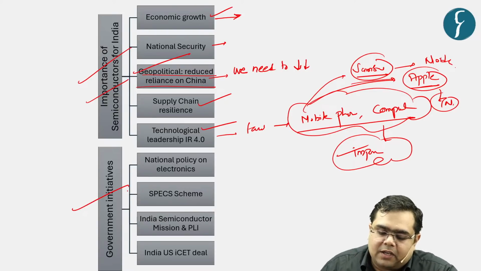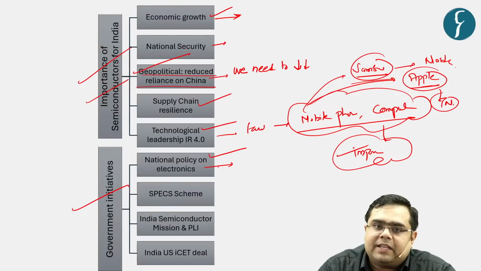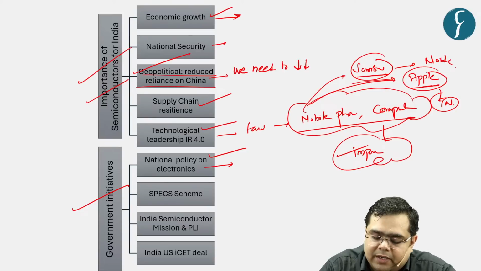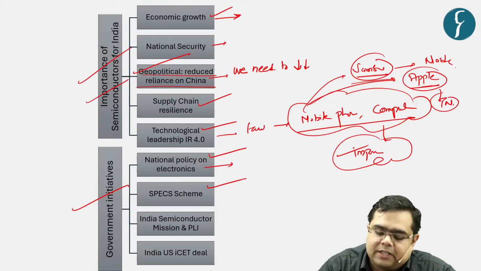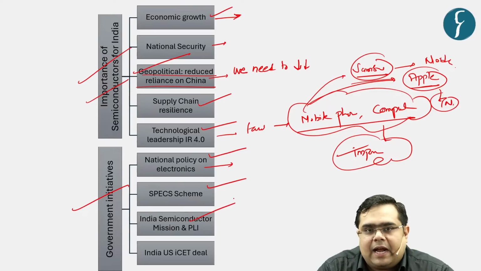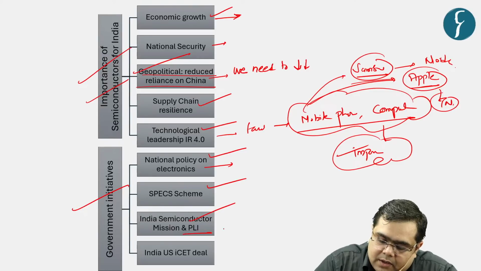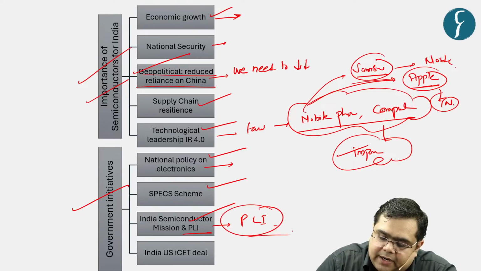In this context, the government has brought in the National Policy on Electronics, which has been revised year after year. The last policy was brought in 2019. Similarly, the government has brought in the India Semiconductor Mission and the Production Linked Incentive scheme, right?